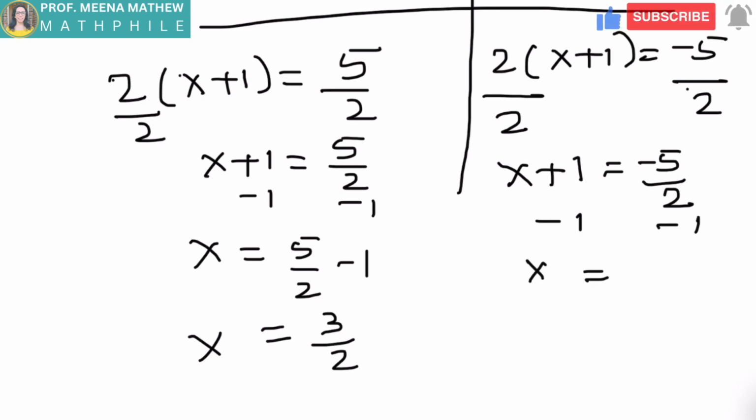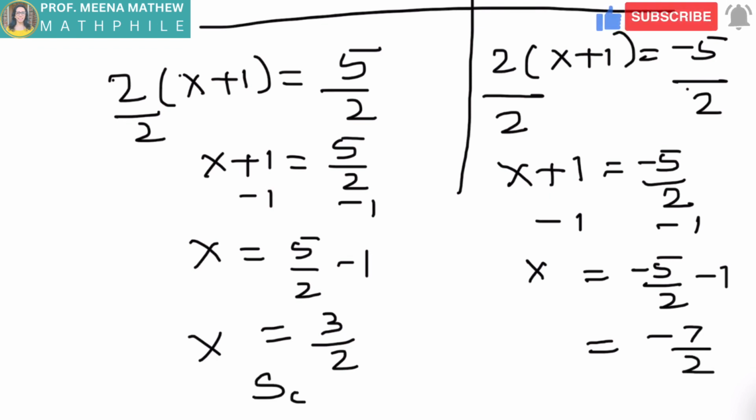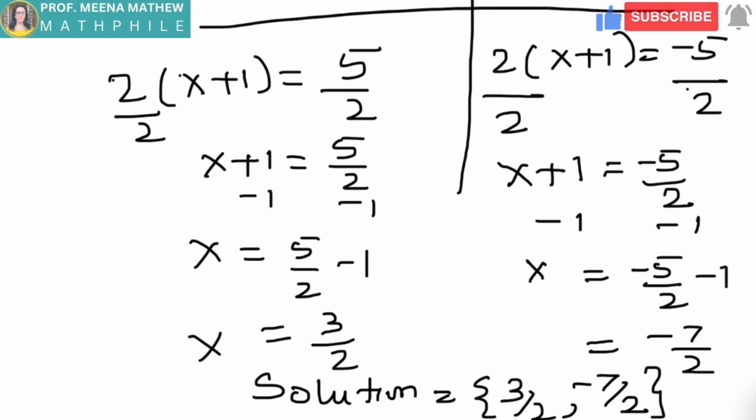We will get x equals negative 5 by 2 minus 1, which is negative 7 divided by 2. So the solution is (3 by 2, negative 7 over 2).